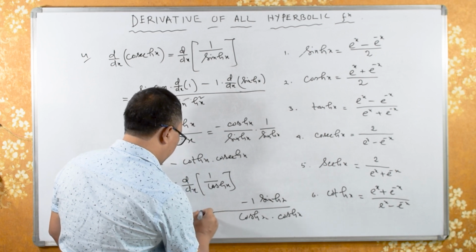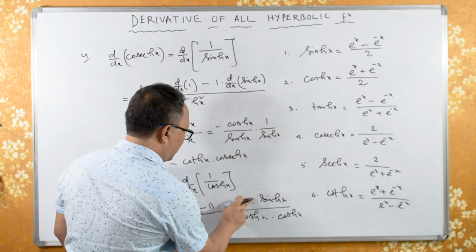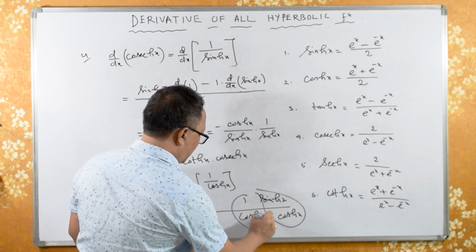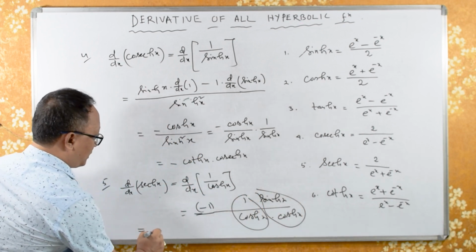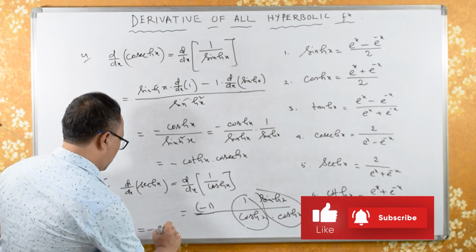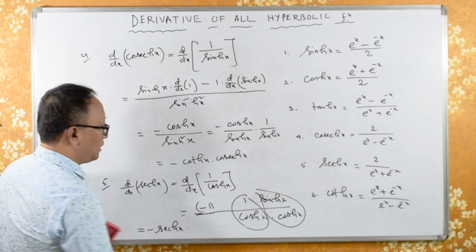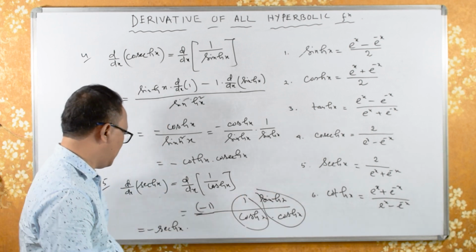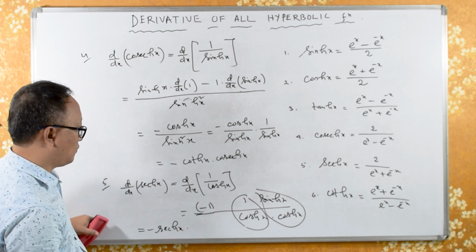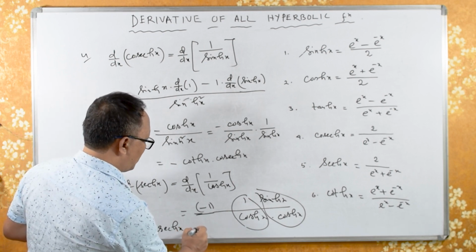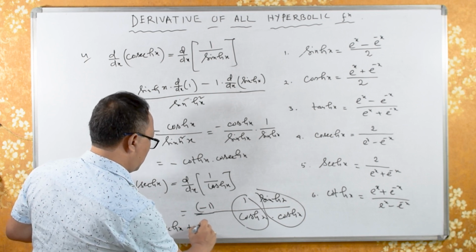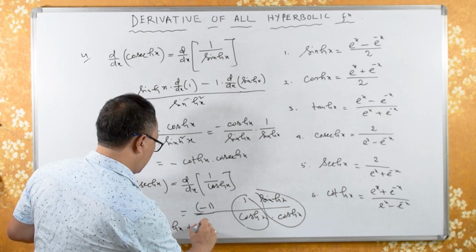Here I can write minus 1 over here, so this is minus 1 by cos, which is sec hyperbolic x, and sine by cos is tan hyperbolic x.